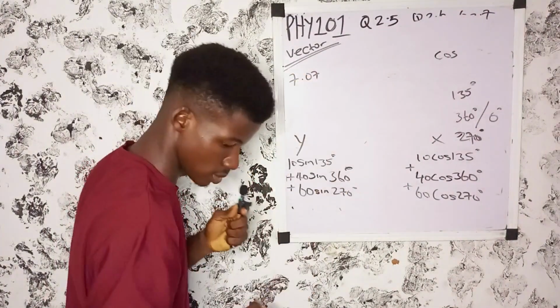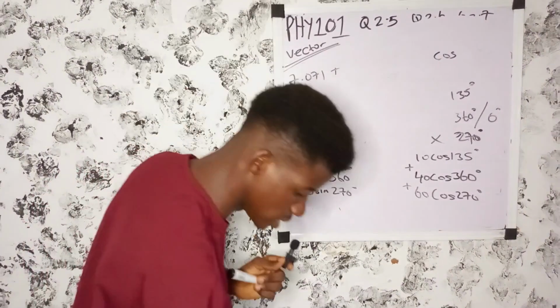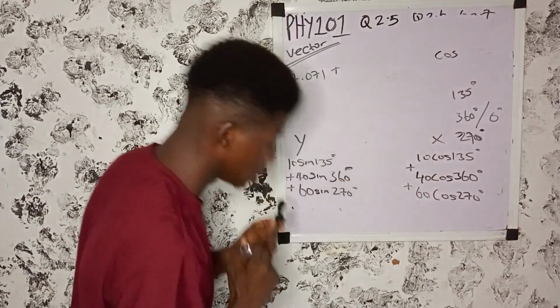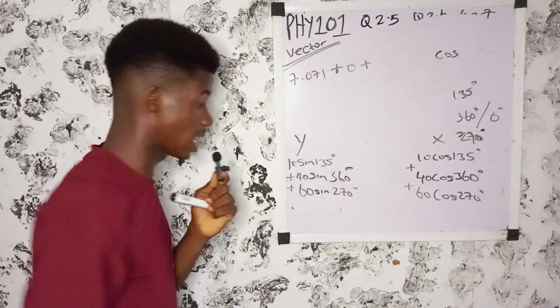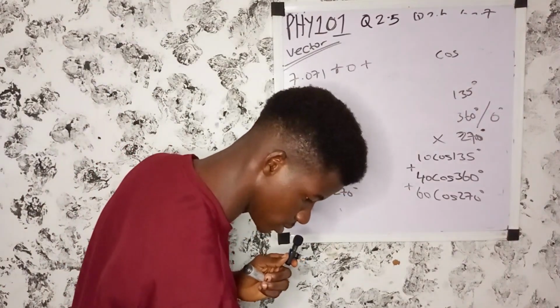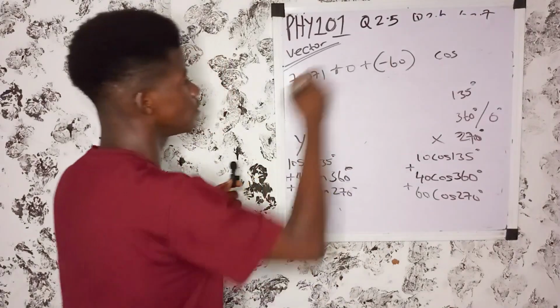Then plus 40 sine 360, which is 0. Then plus 60 sine 270, which gives me minus 60. This is for y.